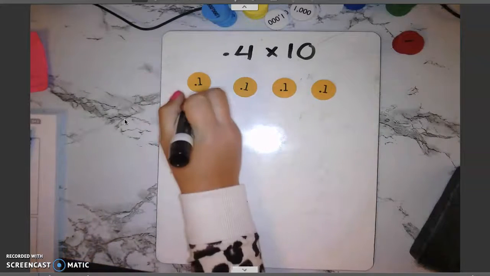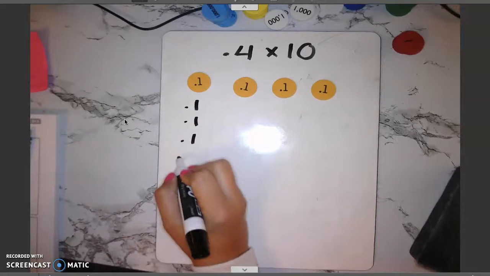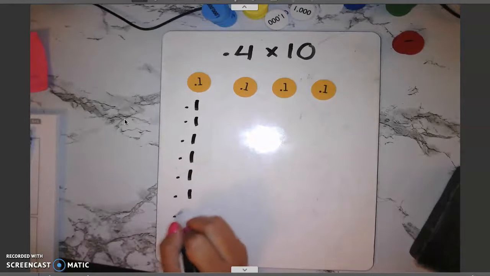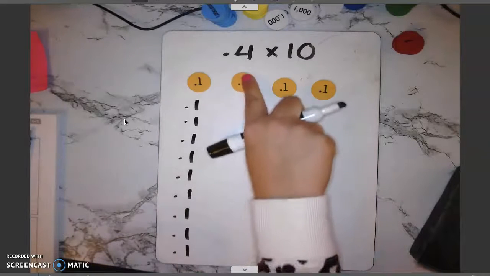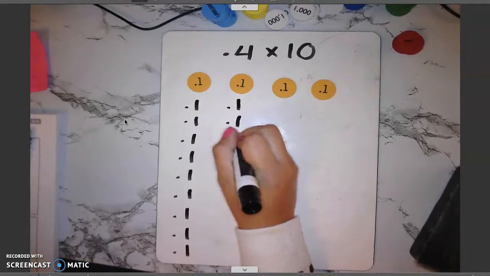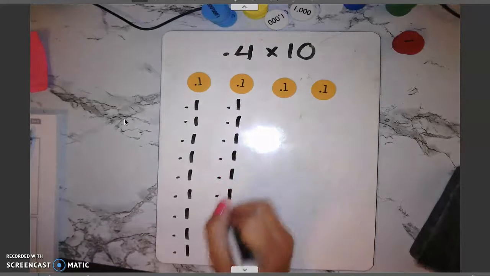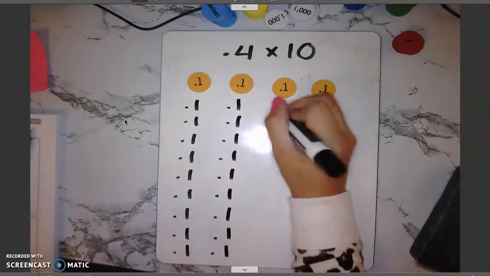So I'd be making 10 copies of each of these tenths. So I have 1 tenth, 2 tenths, 3 tenths, 4 tenths, 5 tenths, 6 tenths, 7 tenths, 8 tenths, 9 tenths, 10 tenths.